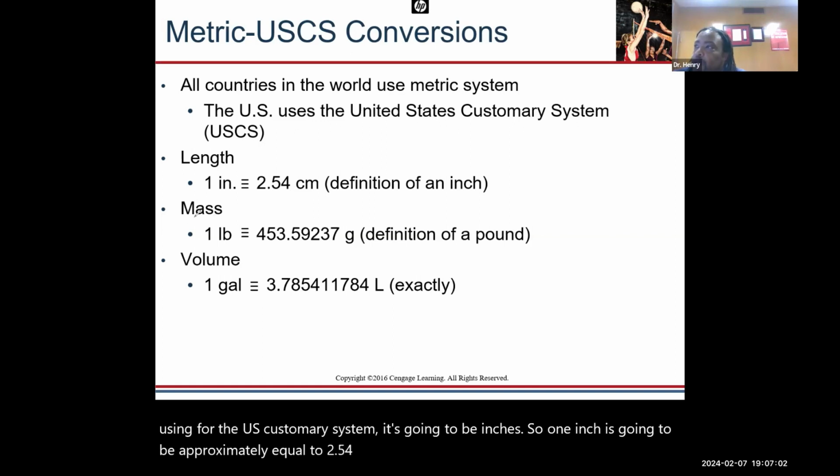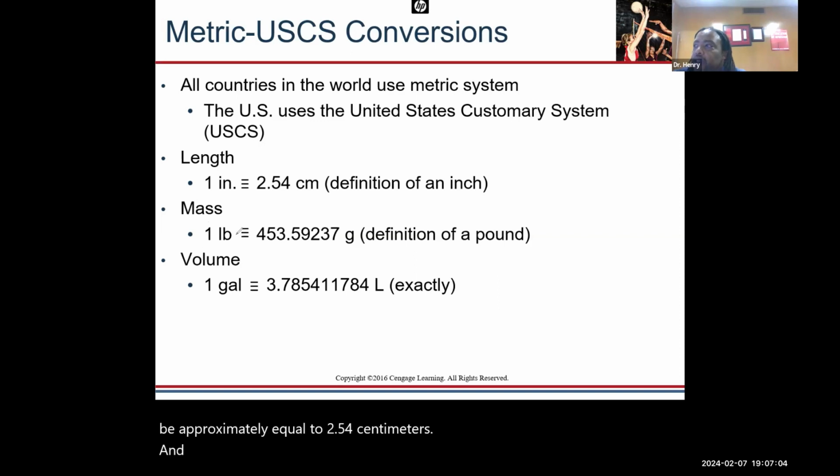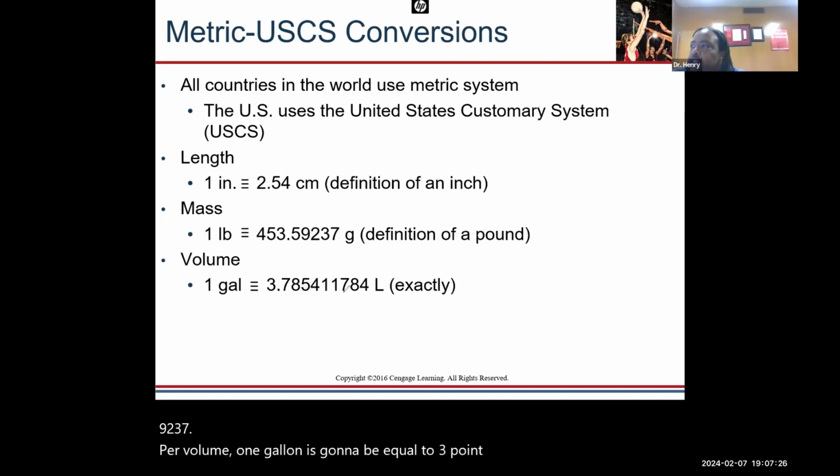And mass, 1 pound is equal to 453.59237 grams. For volume, 1 gallon is equal to 3.785411784 liters.